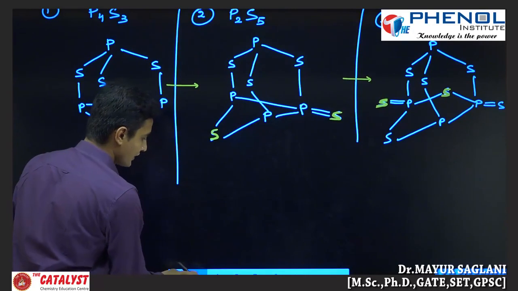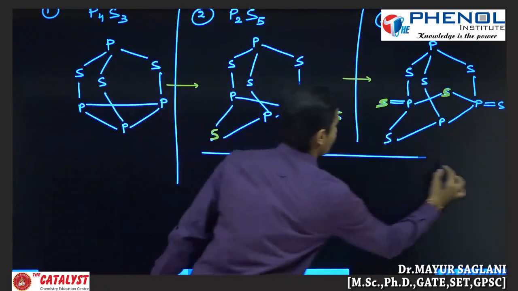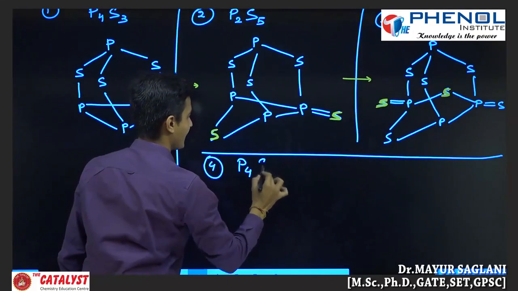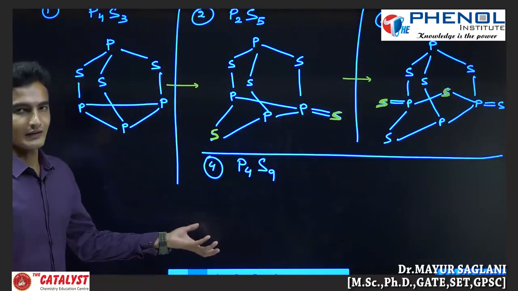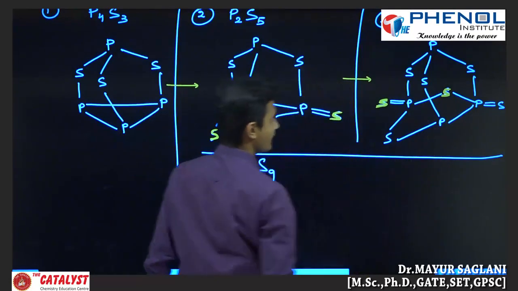Now you just add 1 more structure, that is the P4S9, last structure. P4S9. If you see, there will be all sulfur atoms. One more sulfur I will add here and one more sulfur I will add here. Fine.